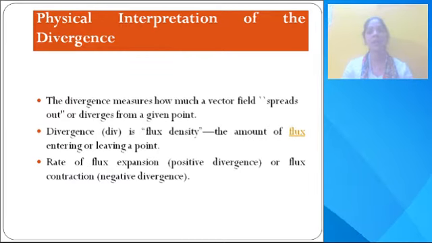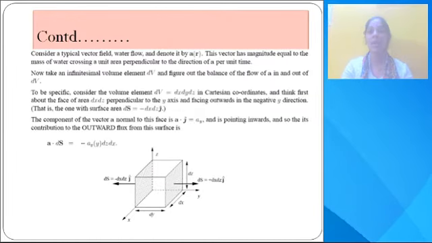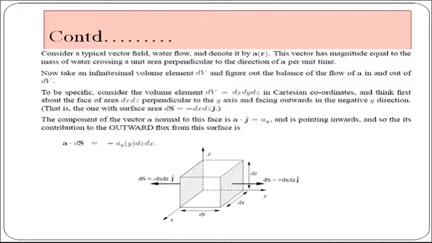If the divergence of any vector quantity is positive, that system behaves as a source. If it is negative, that system is a sink, and if it equals 0, the system is neither source nor sink. So this is the exact meaning of divergence of any vector quantity.